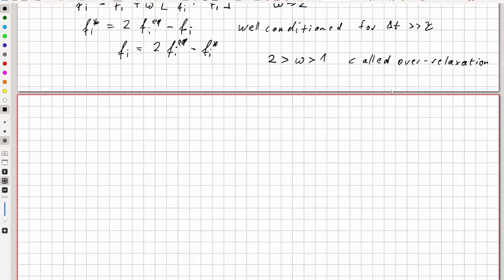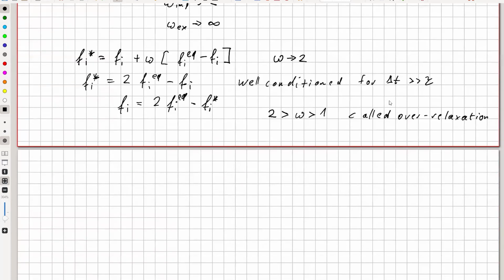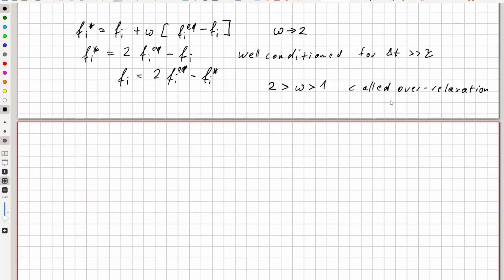Another funny history is that there is a US patent on over-relaxation in Lattice Boltzmann. The scientific world never bothered, and this is somewhere around the year 1990, so I think it's past its value.